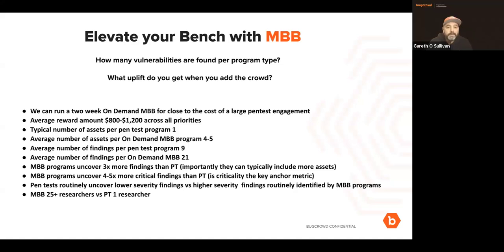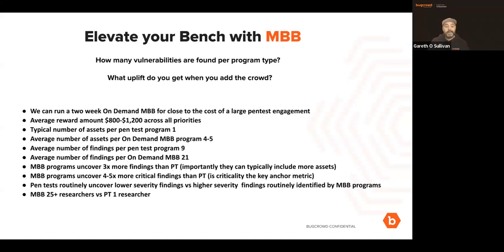So, as an organization, we can run, for example, an on-demand bug bounty for close to the cost of a large pen test engagement. Average reward amounts that we tend to see across all vulnerability priorities is about 800 to 1200 per payout.